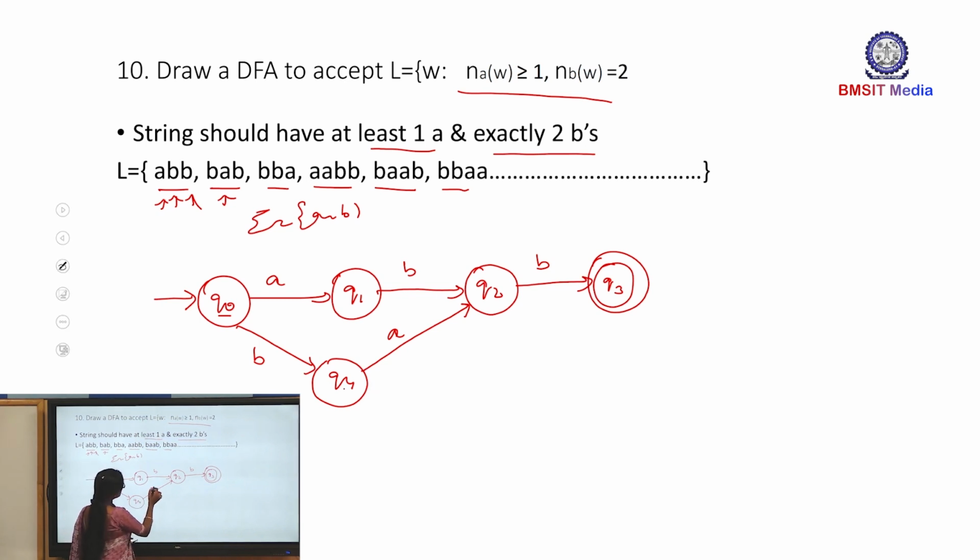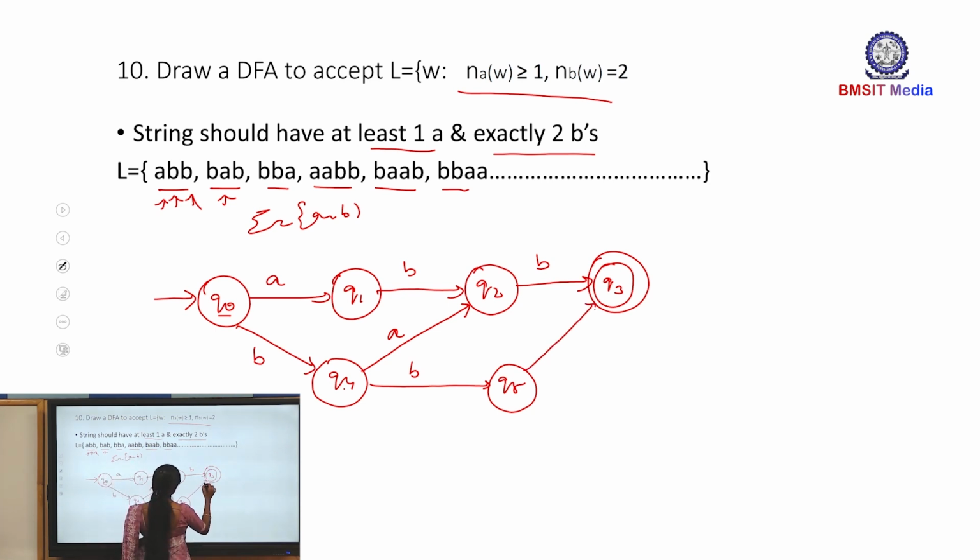Q4 has made a transition on accepting an A, so we have to make a transition on accepting a B. On accepting a B, it goes to the state Q5, and then on accepting an A, it goes to the final state. Now, this is still not a DFA.